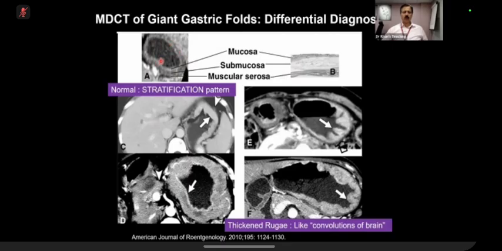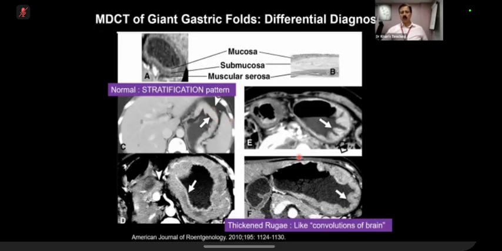And in a usual enhancement of the wall, you can see what we call stratification pattern. This is an arterial phase scan, normal, where the mucosa is enhancing like this, submucosa like this, and muscularis like this. And this pattern is known as stratification. In tumors, etc., you lose that stratification. This I have already shown you an example.